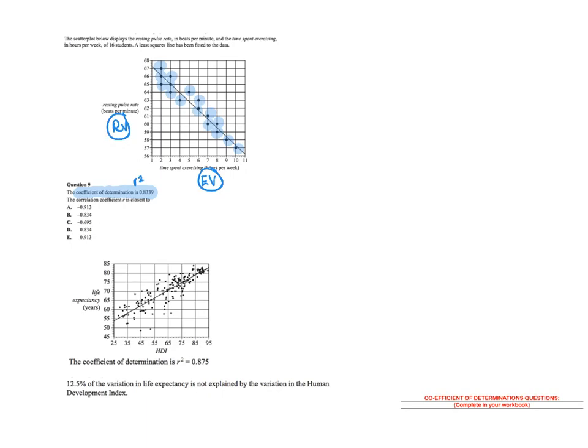They look similar. So then they're asking me what is r. So I've got to find the r value. I know to find the r value, I can do the square root of the r squared, but I have to decide which sign it is. And which one is it going to be? Good, it's negative, because this is a negative relationship, going downwards.